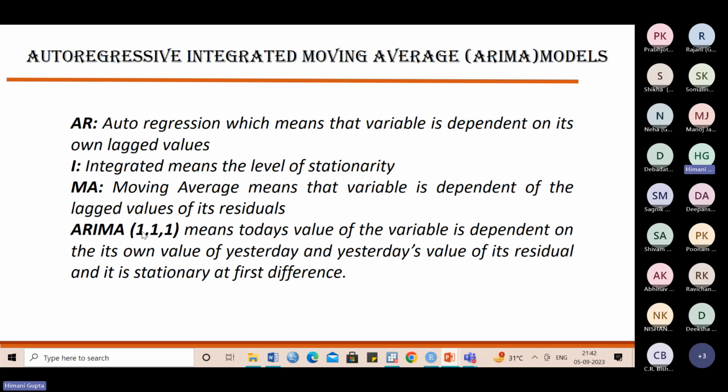AR term is represented by P, MA term is represented by Q, and integrated is represented by D. So if I am working on price data and my AR is 1 and MA is 1, I'll say integrated at 1. If I am working on return data, I'll write 101.